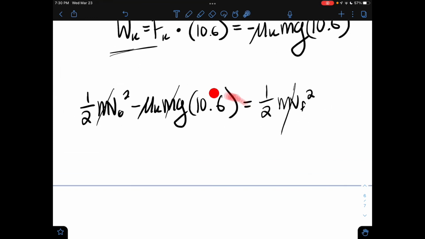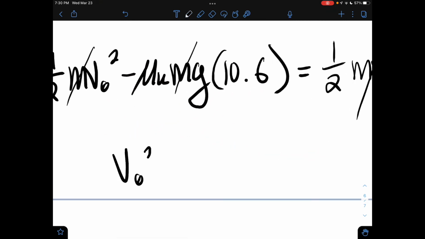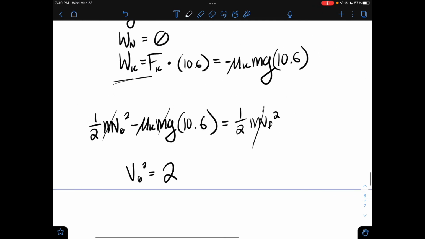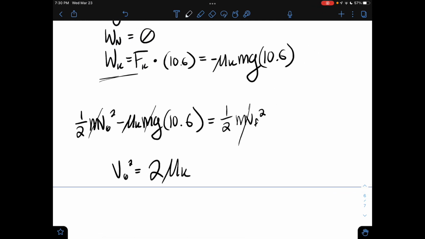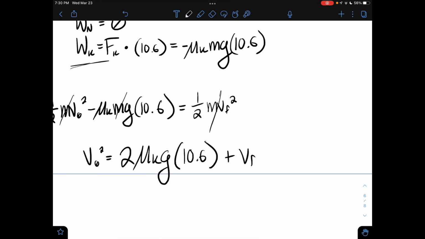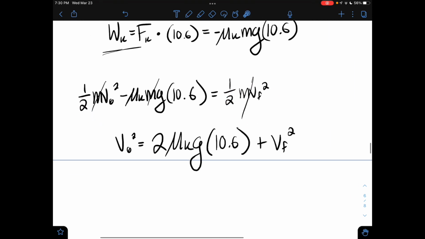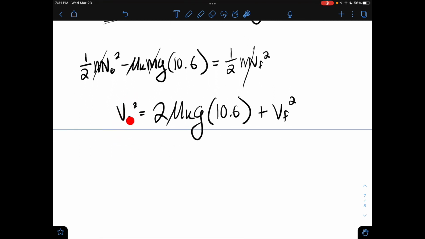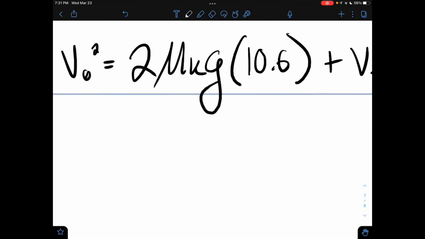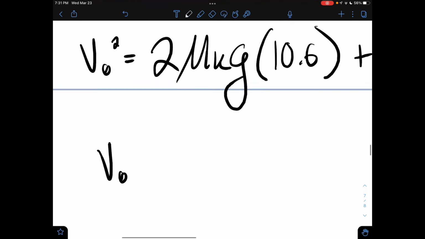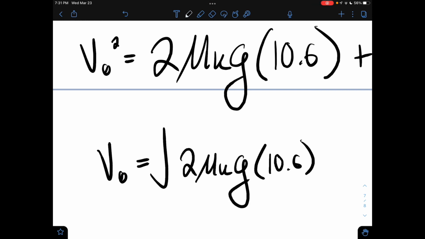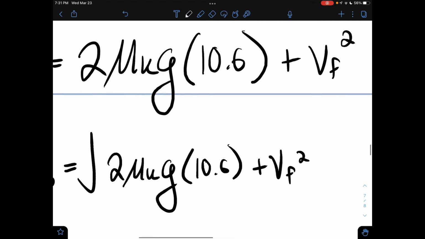So I'm going to add this over to the other side and multiply by 2. You get that v0 squared is 2 times mu k g times 10.6 plus v final squared, because I multiplied by 2, so the 1/2 goes away, and we divided everything by m. Then to isolate v0, we just take the square root. So v0 equals the square root of 2 mu k g 10.6 plus v final squared.